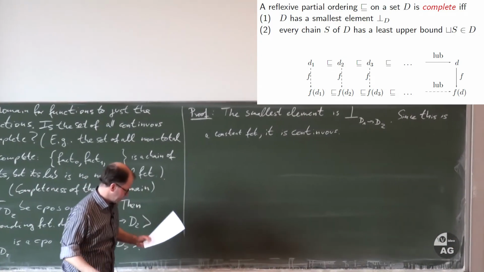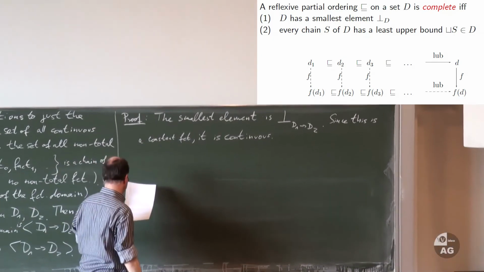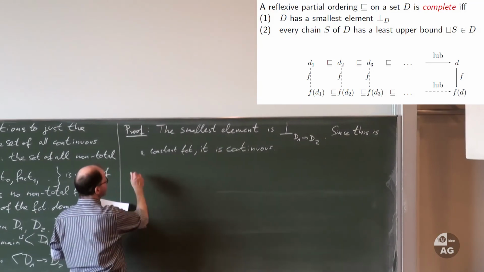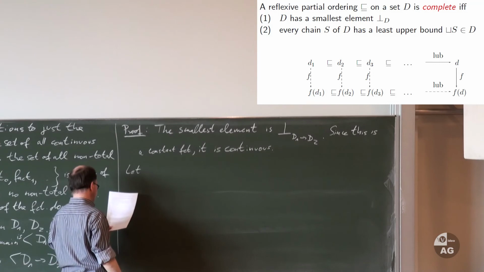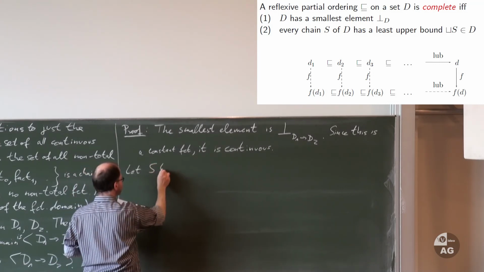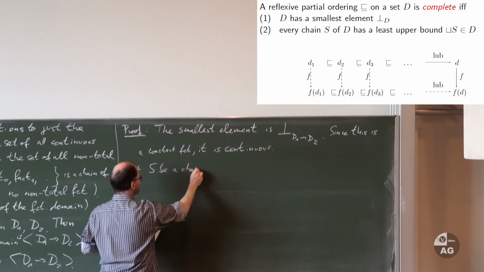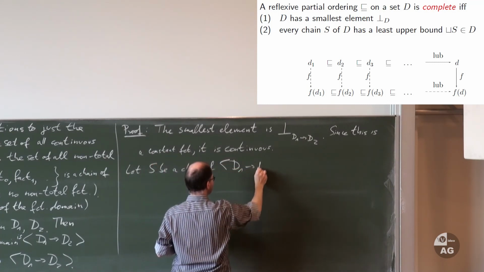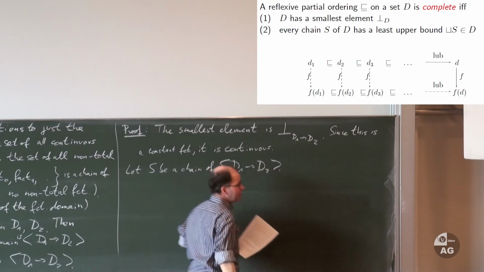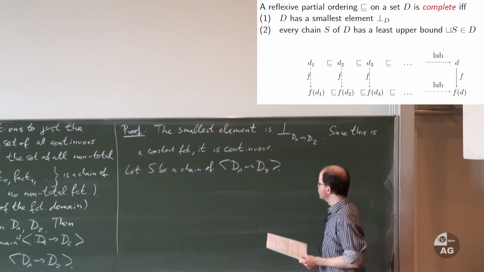And now the second part is we have to show that every chain has a least upper bound that is continuous. So let S be a chain of continuous functions. Then clearly this chain has a least upper bound. We proved this before.